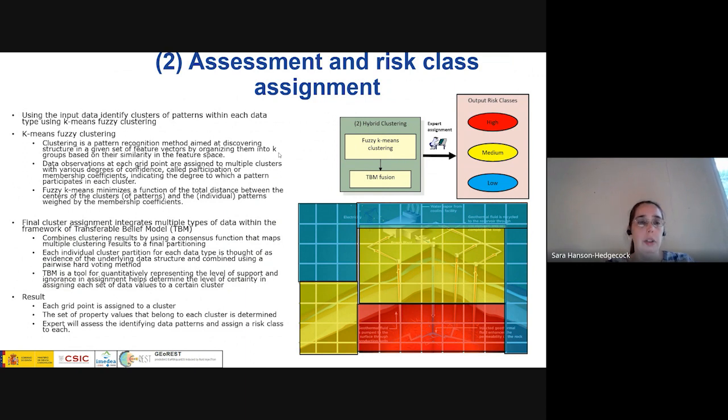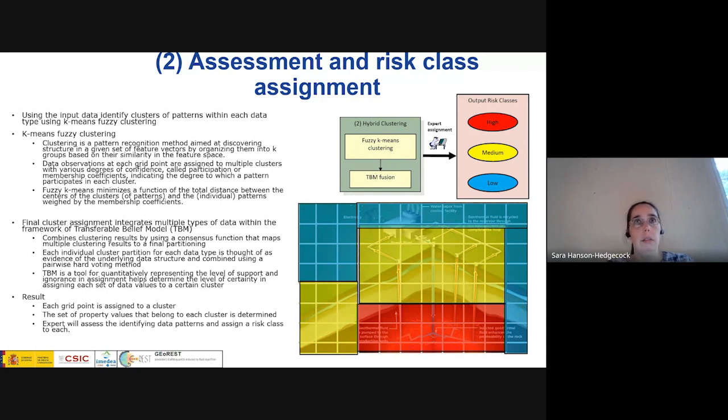And those are what those validity measures are. We can then take those different validity measures and use the TVM, which is basically trying to come up with consensus between different data types and different clustering results.